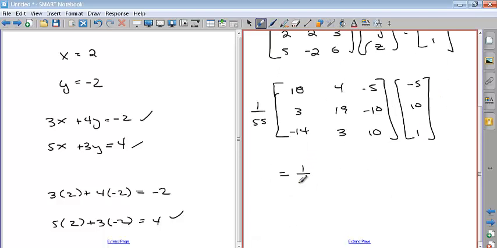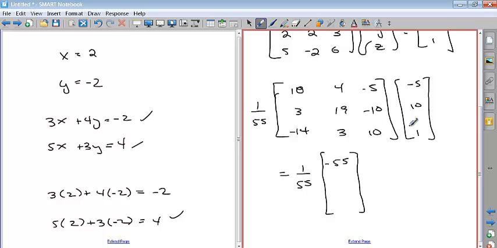So I get 1/55 times. Okay, this is going to be just a 3 by 1. So we're just going to take 18 times negative 5 plus 4 times 10 plus negative 5 times 1. And I get negative 55. Okay, then I'm going to take this row, multiply by that column.